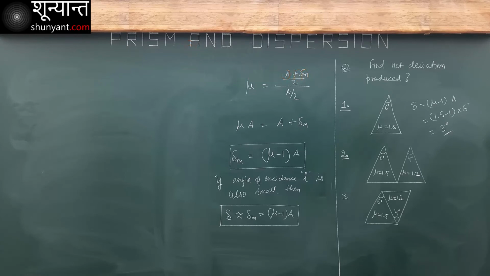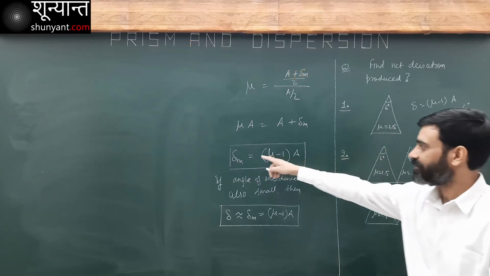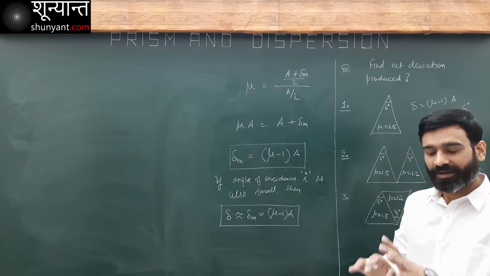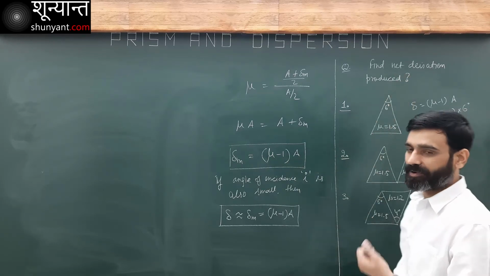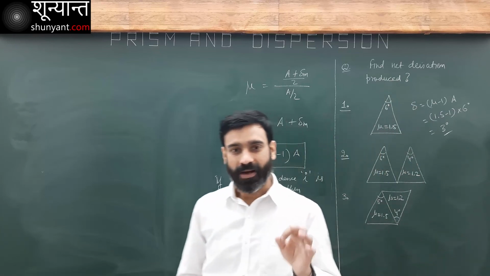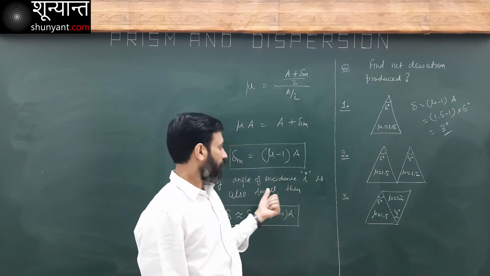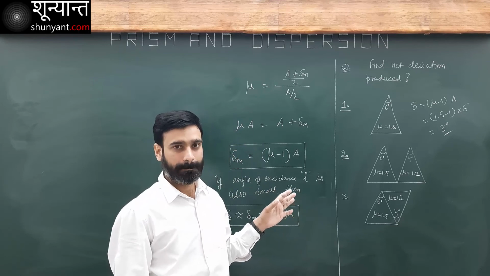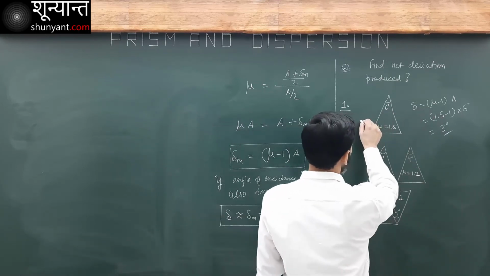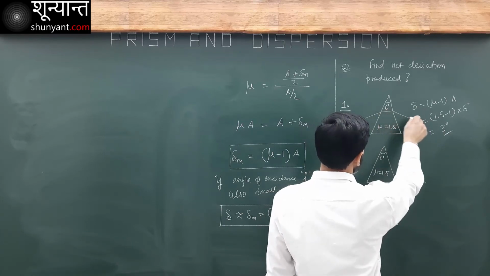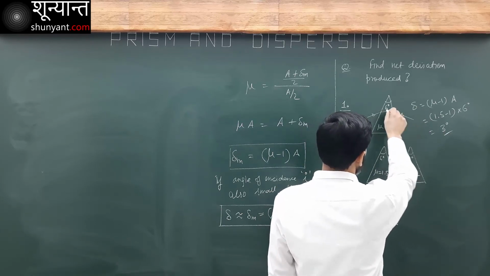If the angle is not small, in that case this becomes the minimum deviation. But generally when nothing is specified about the angle of incidence, by default we assume small angle of incidence. So it is going to produce a small deviation like this.